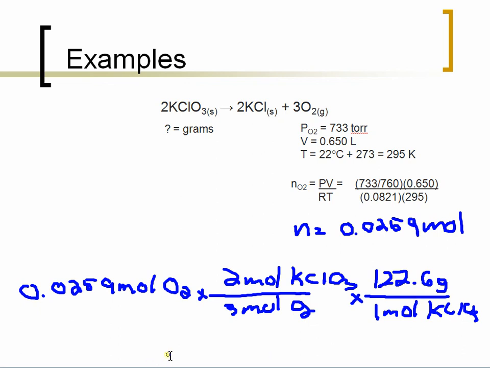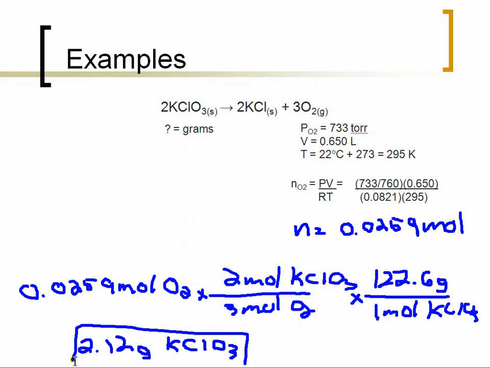You do the stoichiometry and you should get 2.12 grams of KClO3. So this is how much decomposed after that oxygen was produced. Alright, so I hope this helps with the understanding of water vapor.